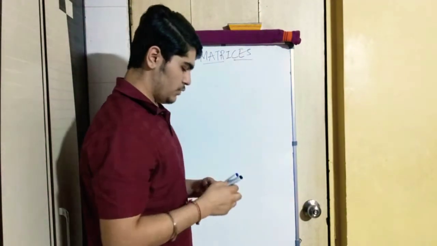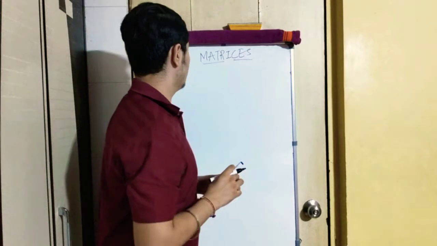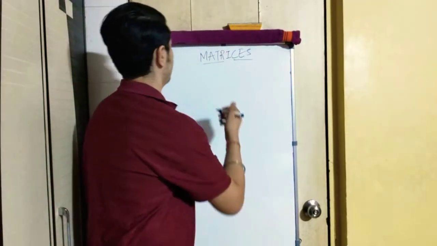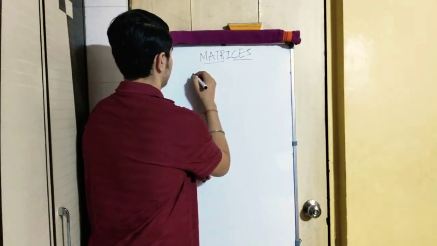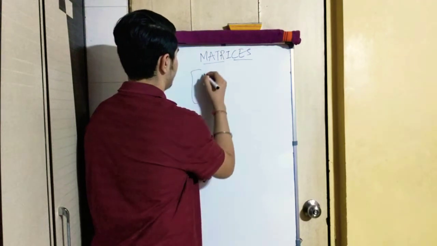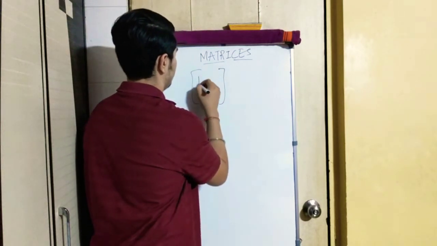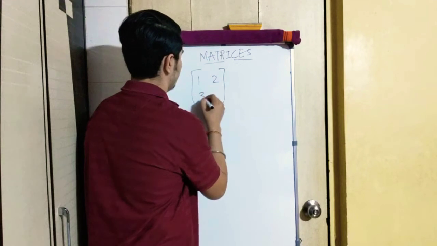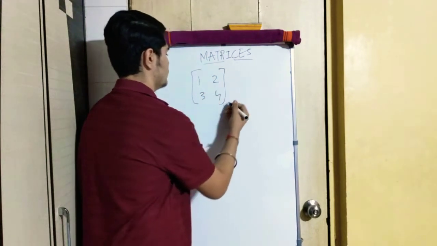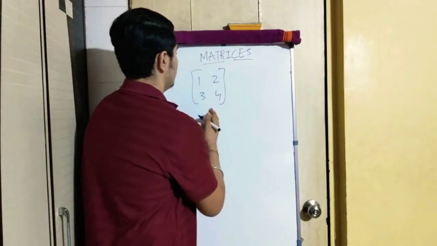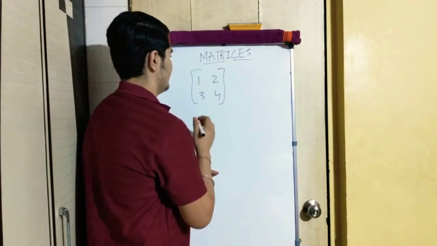First I am going to tell you about the order of a matrix. So suppose this is a matrix 1 2 3 4. How many rows are there in this matrix?